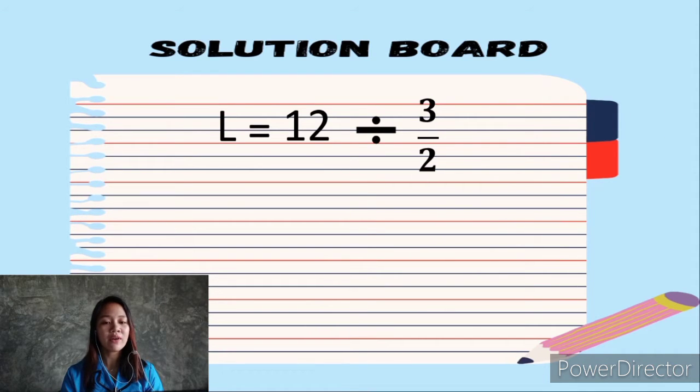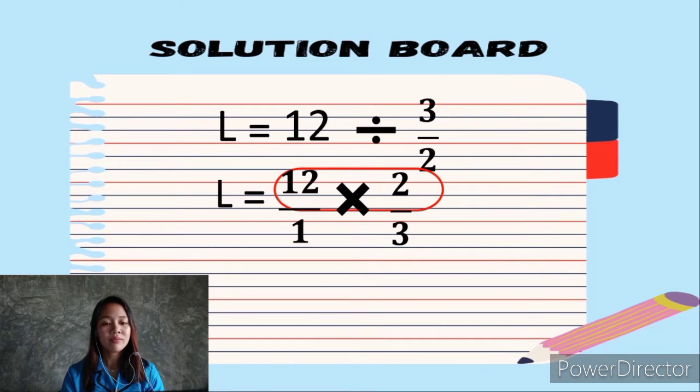So, para maging fraction yung whole number na 12, kailangan nating maglagay ng invisible 1, which is L is equals to 12/1. So, yung sign na divide mapapalitan ng times over ay 2/3. So, paano nakuha yung 2/3? So, we reciprocate 3/2 kaya naging 2/3.